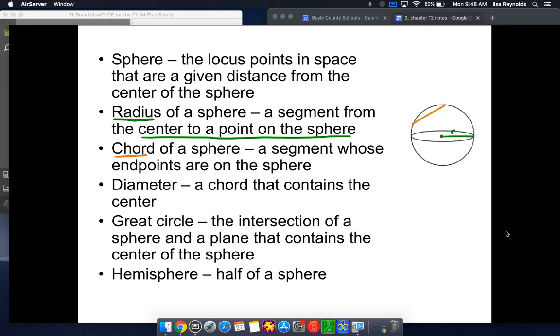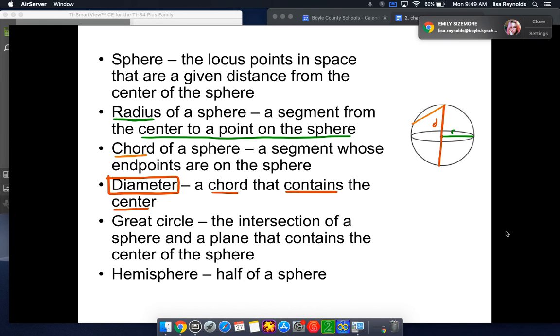And we have a very special chord. This one happens to be the diameter. The special thing about the diameter is that it's a chord that contains the center. So it goes from one side of the sphere through the center to the other side of the sphere.